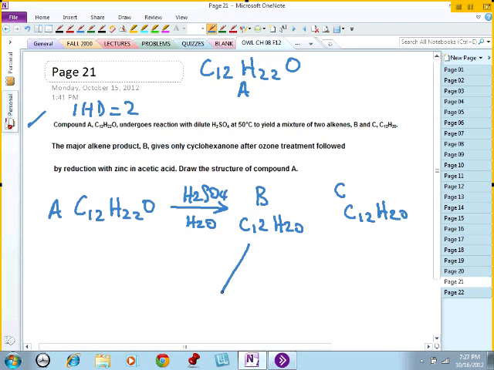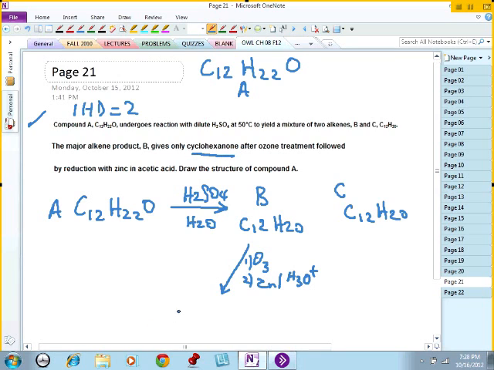Now they've also told us that compound B, which is the major alkene, undergoes ozonolysis, followed by zinc in some kind of acid, to form cyclohexanone, only cyclohexanone.